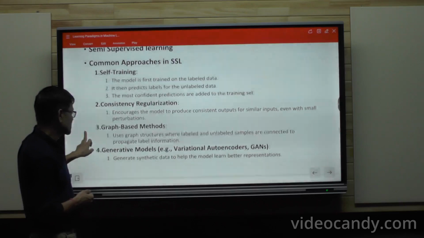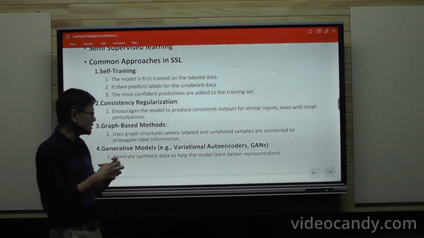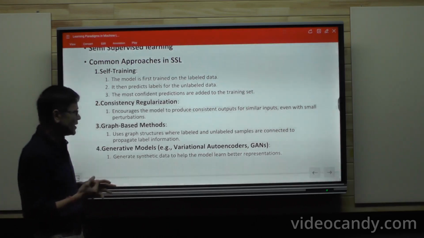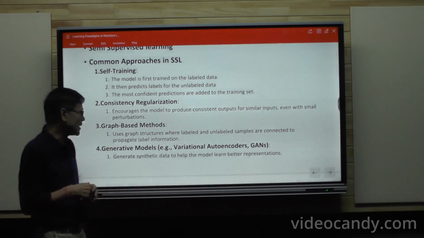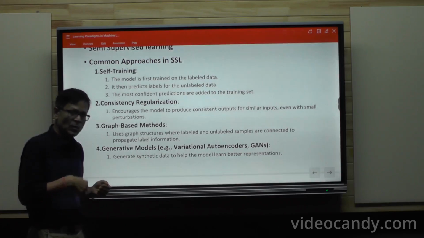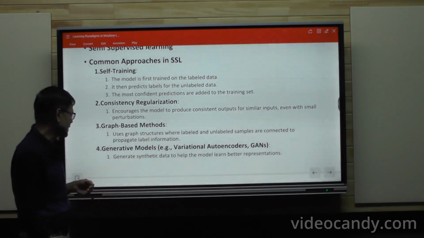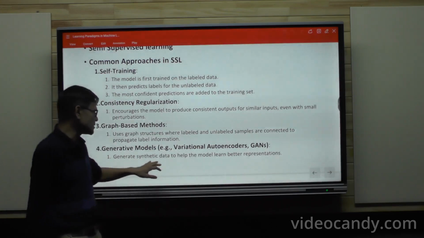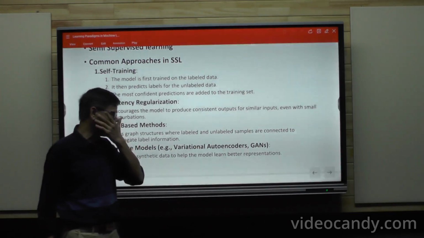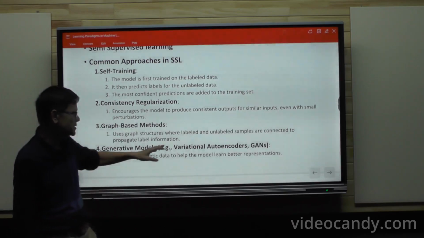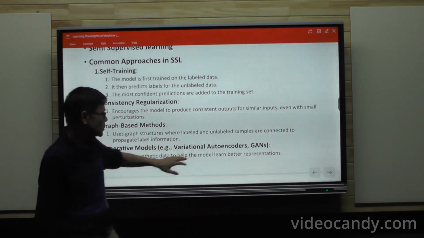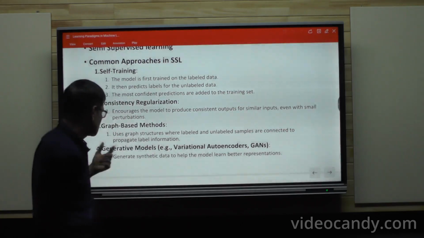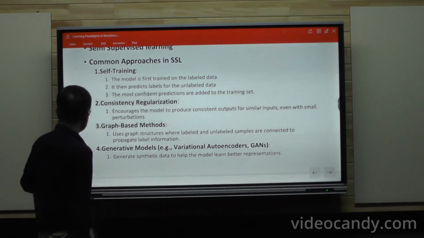So that means we can construct the graphs on the basis of labeled and unlabeled samples, and propagate the information correctly. Generative models generate synthetic data to help the model learn better representations, like GANs. So these can be used to generate a data set on which you can train.